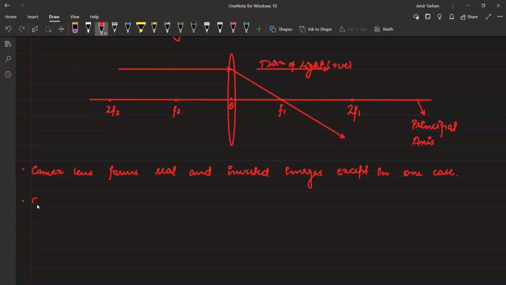In the 10th standard, you only have to deal with this primary focus. But in higher standards like 11th and 12th, you have to deal with the secondary focus as well. So I'm writing here: the primary focus of a lens is always positive.